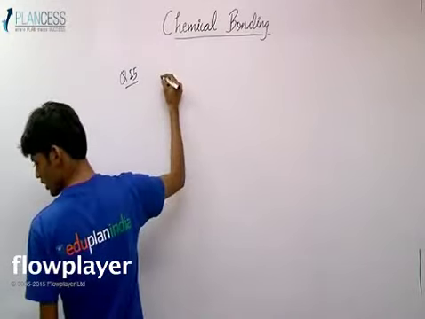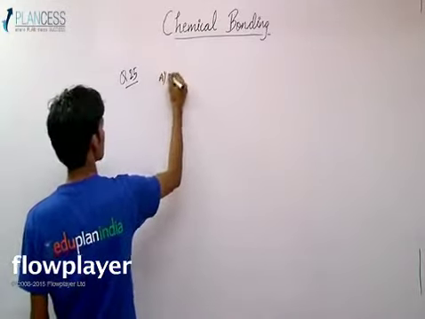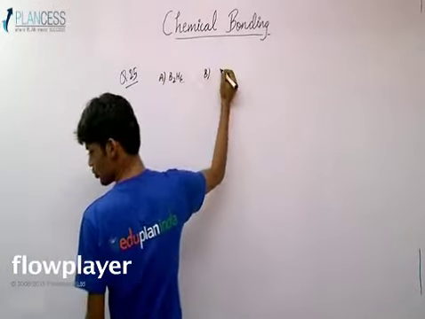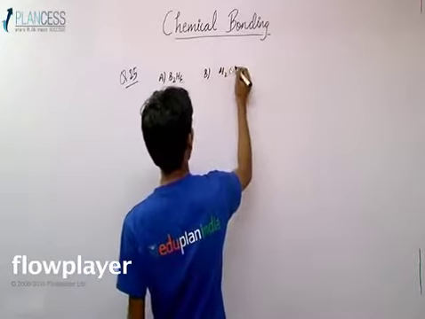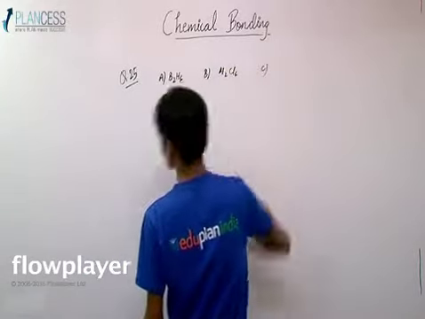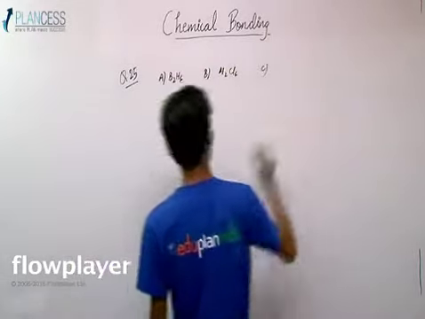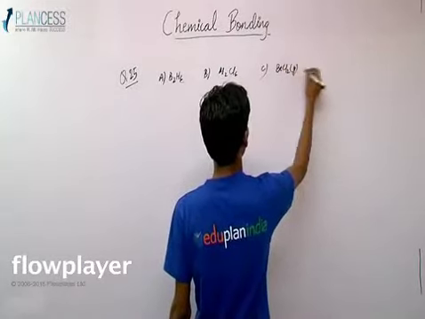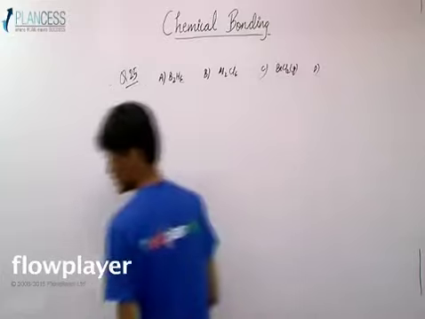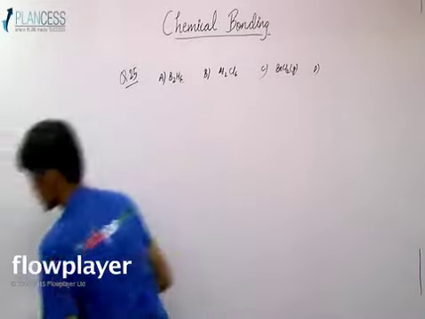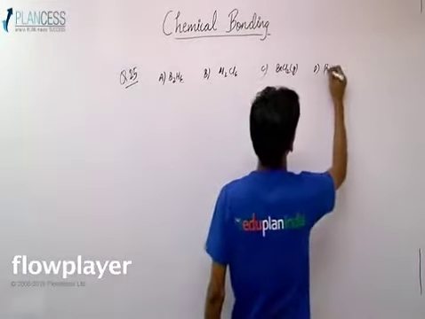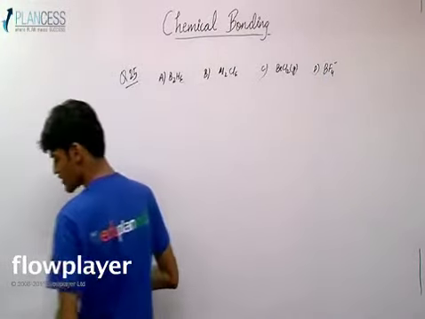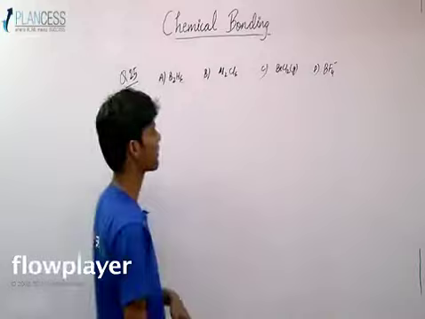So the four options are: B2H6, the second option is Al2Cl6, the C option is BeCl2 in gaseous form, and the D option given is BF4 minus.